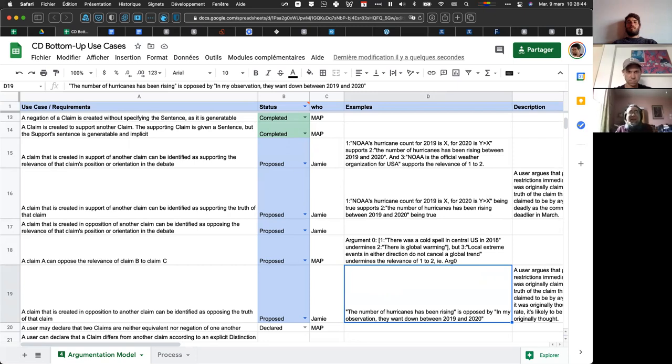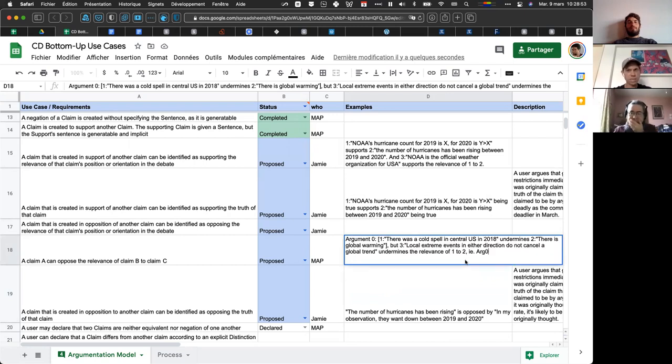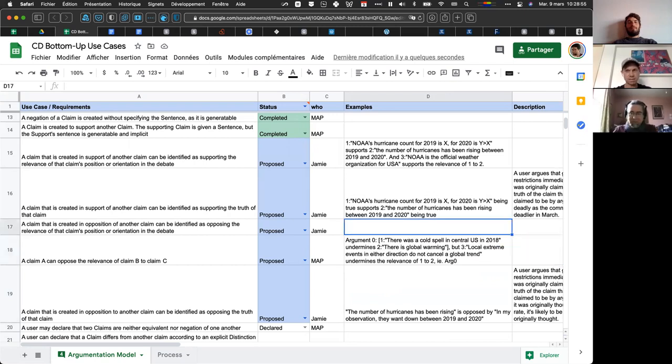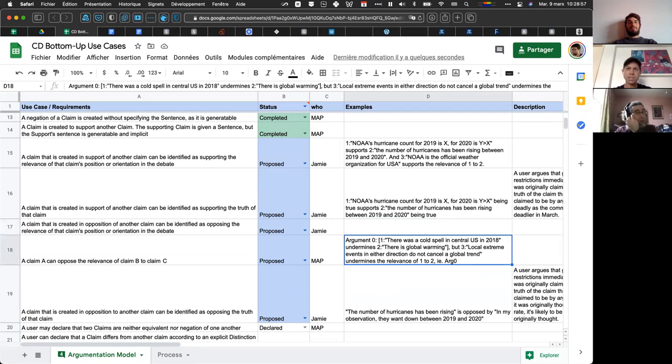And so I'm not denying that this is a good example of relevance, right? Let's not complicate examples. It's interesting and it's another example, but it's similar because I'm not denying the truth of the cold spell. I'm not denying the truth of the local thing.